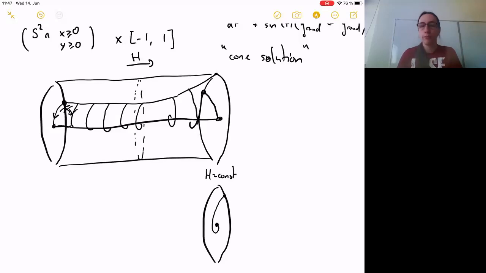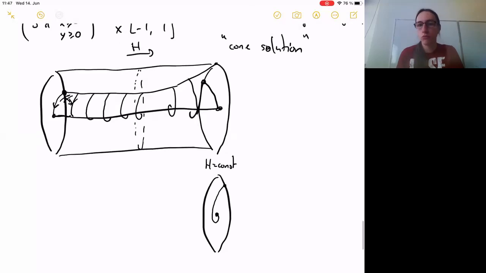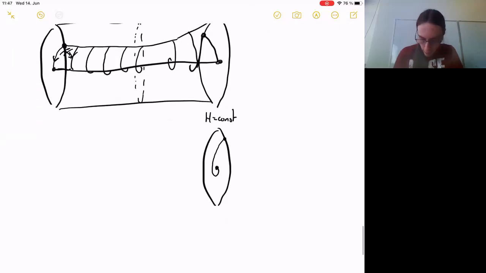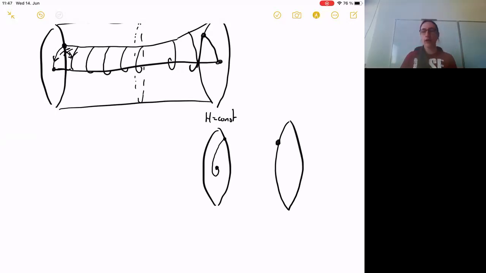And I will tell you the rotation will go the other way around. So if you do the same thing for the point on the right, now the limit point will lie on the left side, and the rotation will go the other way around.